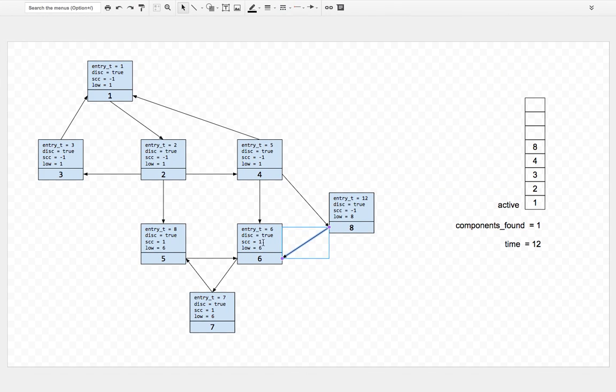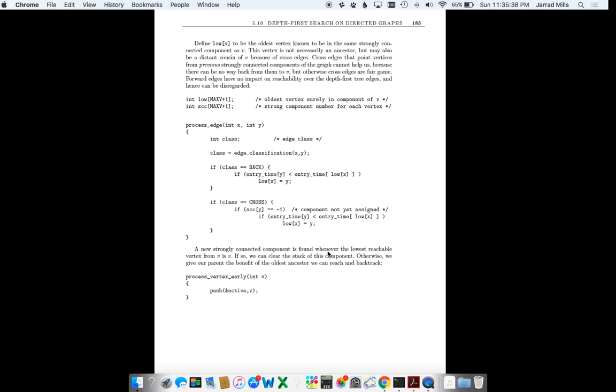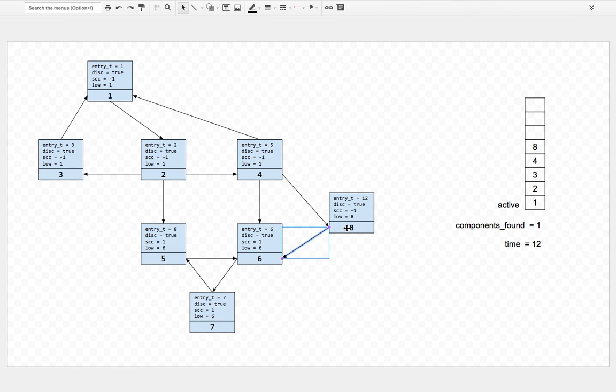But strongly connected component of vertex 6 is 1, not -1. That is, we have already assigned this vertex to this strongly connected component of the graph. So we do nothing for this edge, and we return, and we don't have to depth first search vertex 6.